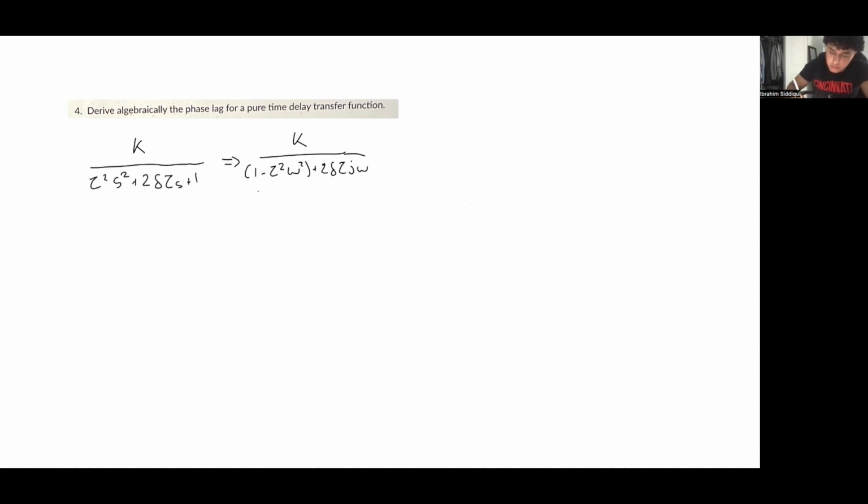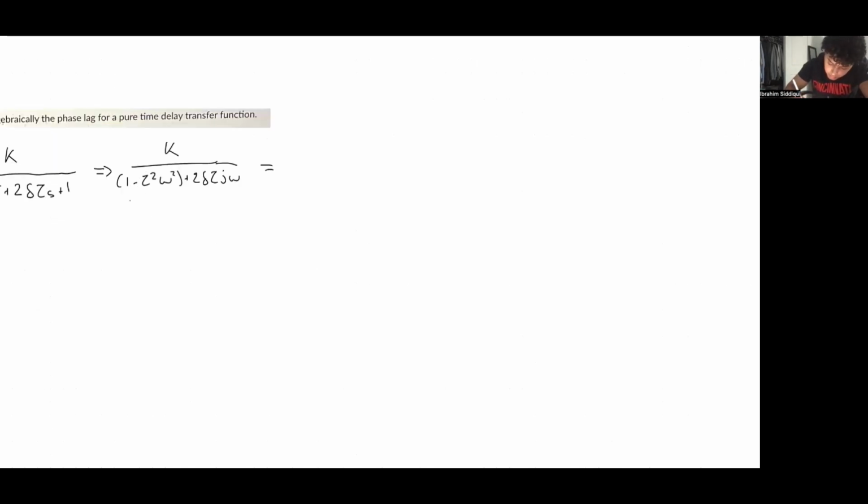What we get is K on the outside, and then 1 minus tau squared multiplied by omega squared minus 2 delta tau j omega as our numerator.